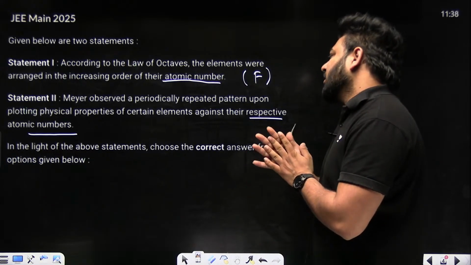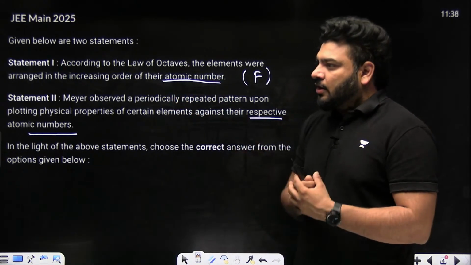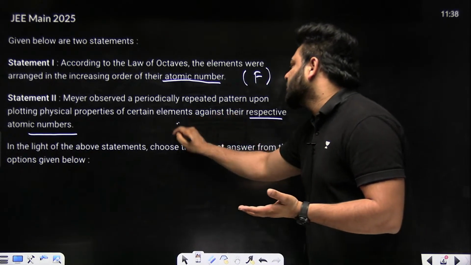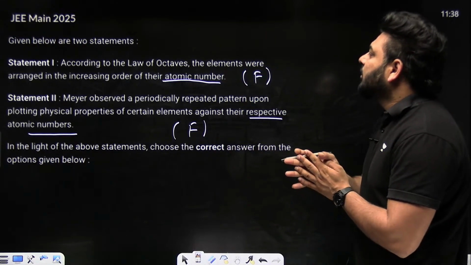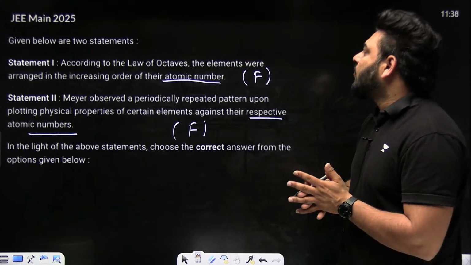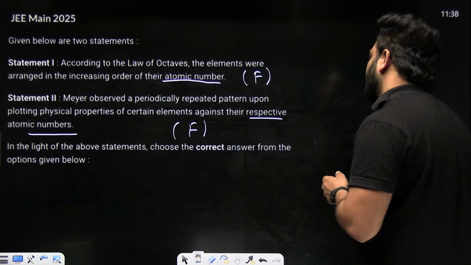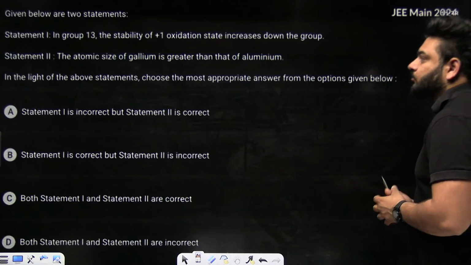But we remember that all the physical and chemical properties were shown as a periodic function of the atomic mass rather than atomic number. I personally think this is also a false statement. So both of the statements over here are false. One of them belongs to the law of octaves, another one belongs to the Lothar Meyer curve, and both statements are false.